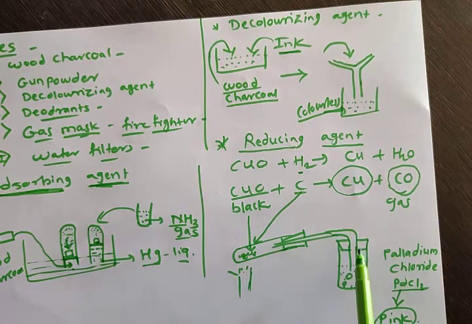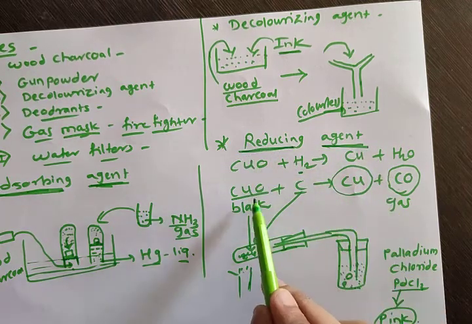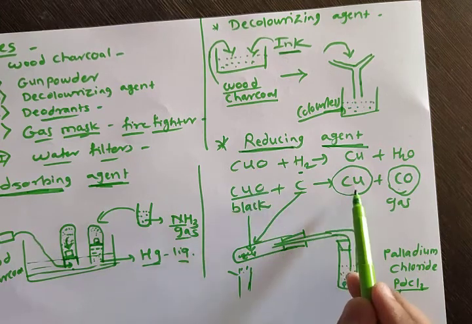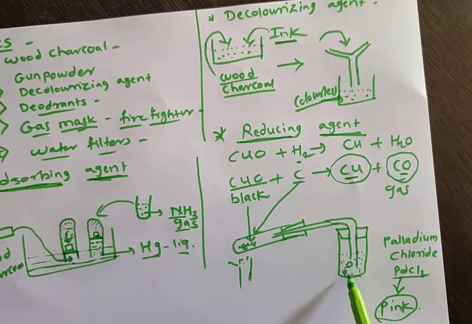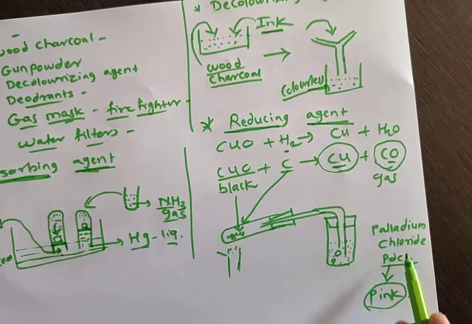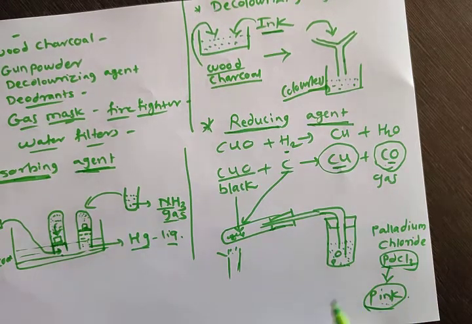Therefore this experiment proves that wood charcoal is a reducing agent, because black copper oxide is converted into copper and carbon monoxide. How do we know carbon monoxide is produced? First the bubbles are produced, and then the colorless palladium chloride solution changes to pink, which happens only when it reacts with carbon monoxide. So this experiment demonstrates that wood charcoal acts as a reducing agent.